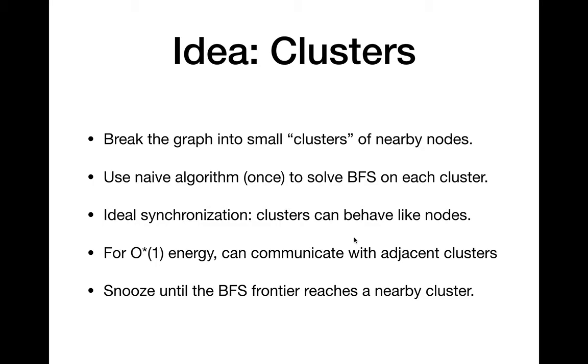But all the nodes can sleep until just the right time when the information is about to reach them. And what this means is that a cluster can behave like a node, where information at any node in the cluster can be sent to the rest of the cluster at a unit energy cost.